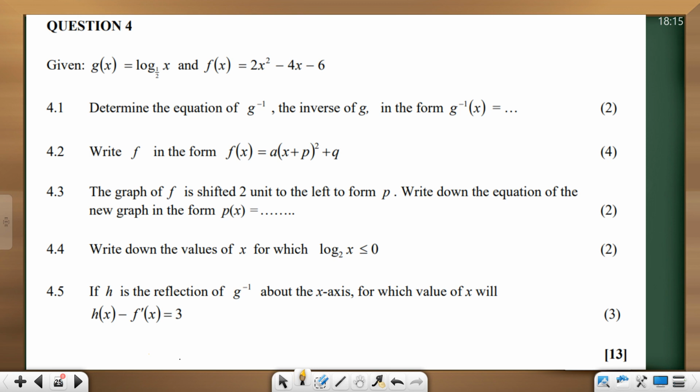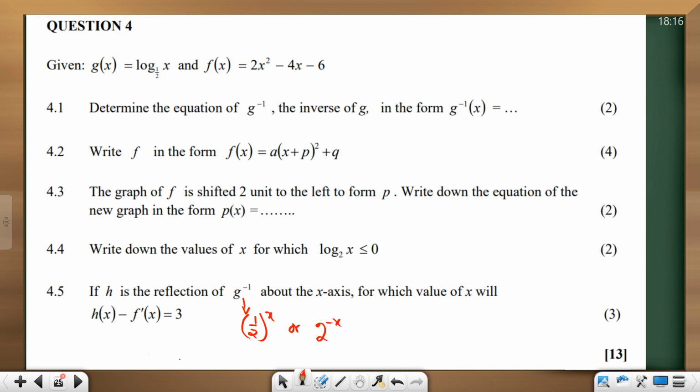If H is the reflection of G inverse. Wait, did we get the inverse of G? What was it? 2 to the power negative x, or we said half to the power x. Good. So we already know this one as 1 over 2 to the power of x, or 2 to the power negative x.